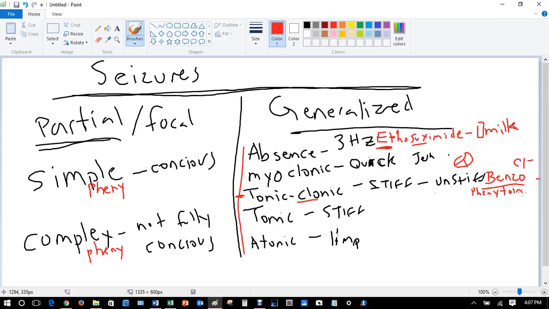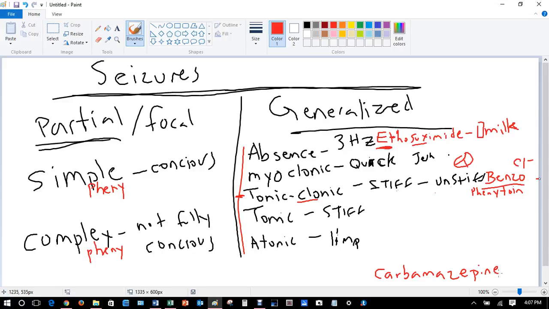Next here is carbamazepine. I might write this out for you so you can see it. Carbamazepine. Okay, that's the word. And this one is a sodium channel.